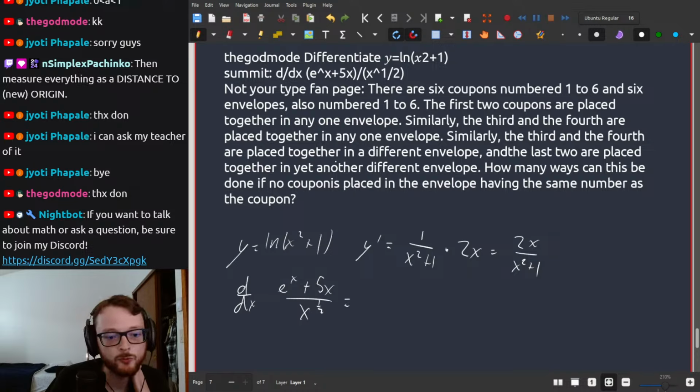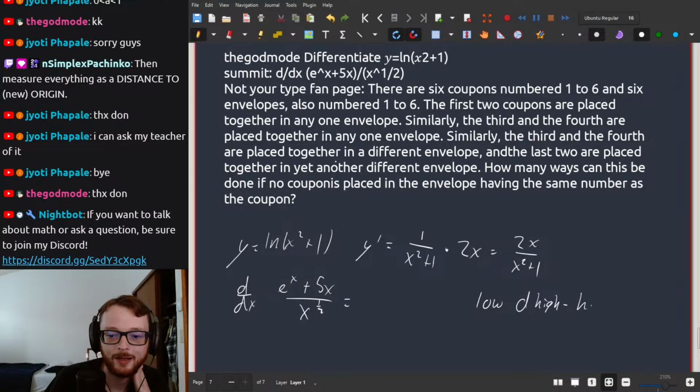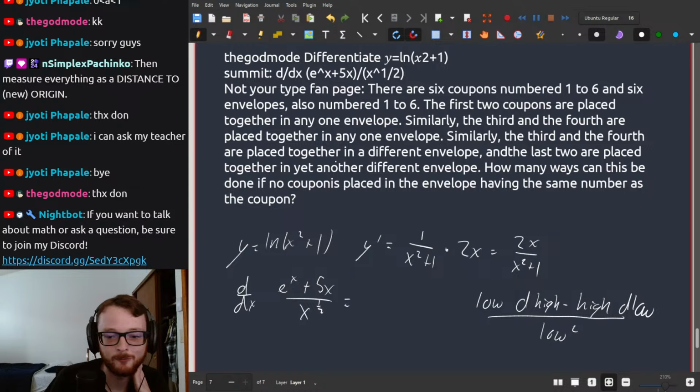The way that I remember quotient rule is it's like a mnemonic: low d high minus high d low, and then you just remember over low squared. It just kind of rolls off the tongue for me, at least. Low d high minus high d low. And what it means is low is denominator, d is derivative, high is numerator.